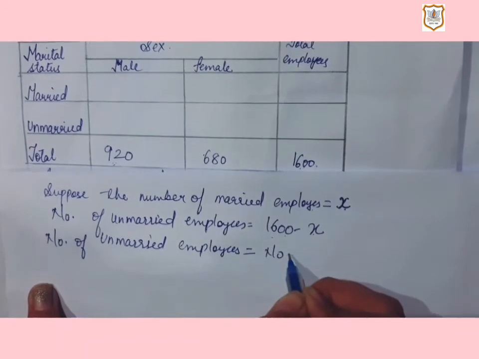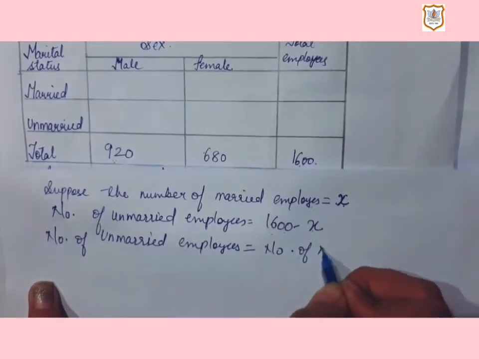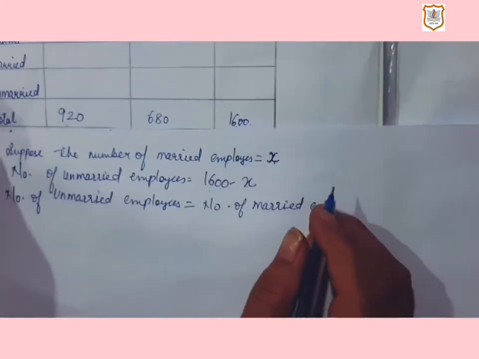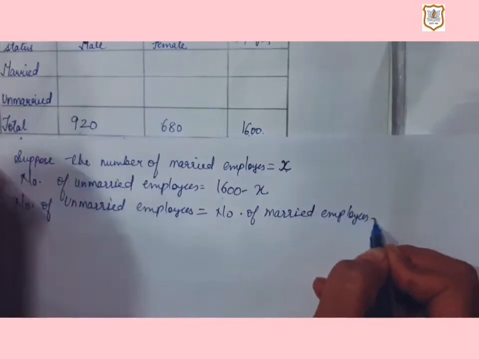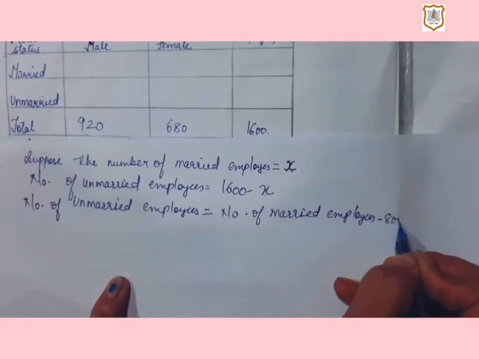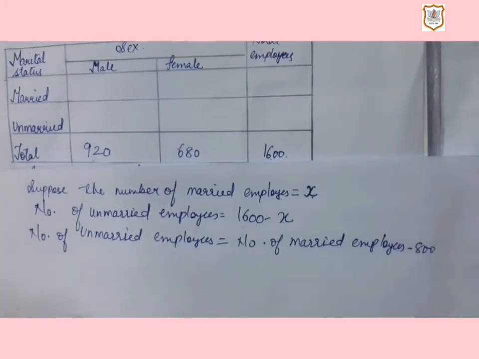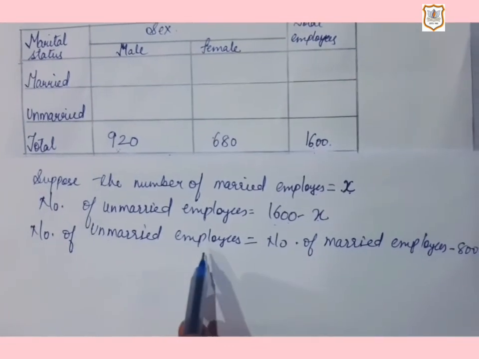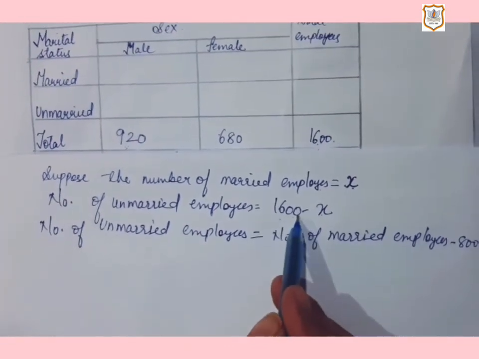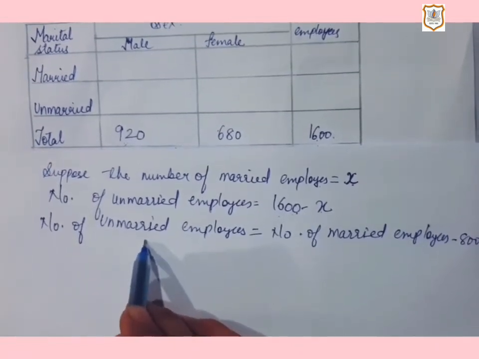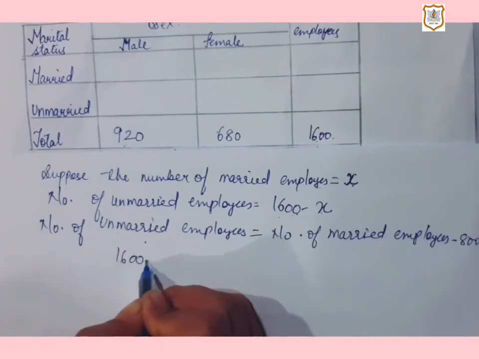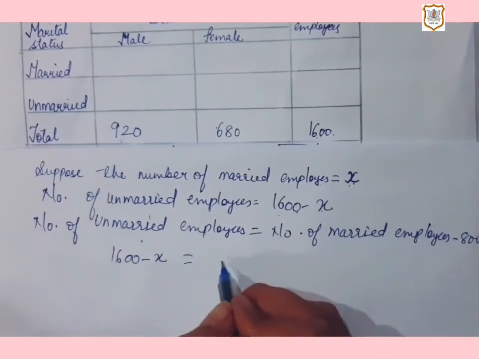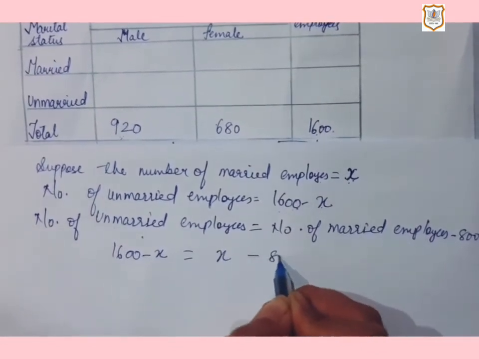Number of unmarried employees is equal to number of married employees minus 800, as they are 800 less. So the number of unmarried employees we have considered as 1600 minus X, so in place of number of unmarried employees, I will write 1600 minus X. And the number of married employees we have considered X, so in place of number of married employees, I will write X minus 800.